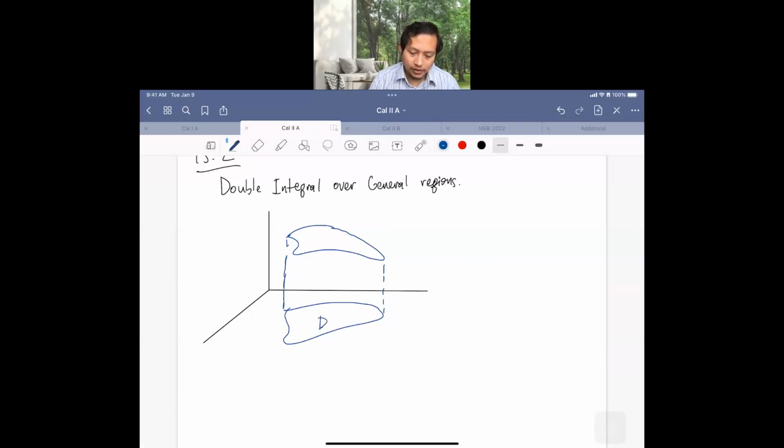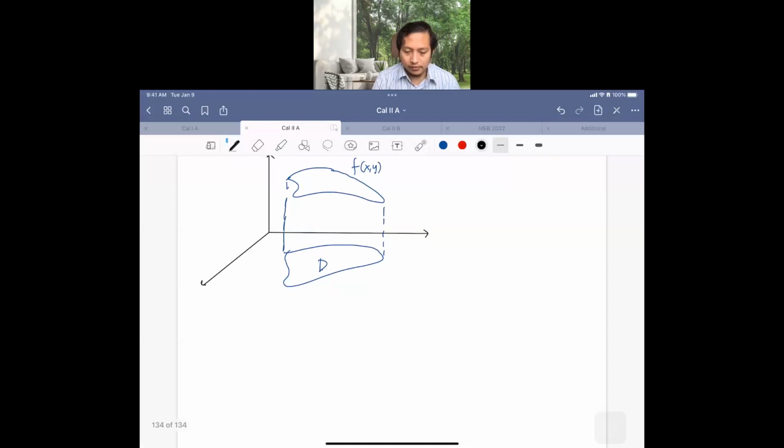This is a function of x, y. If we observe this D, checking at the y and x axes, we have D like this one. So consider D as a general region.